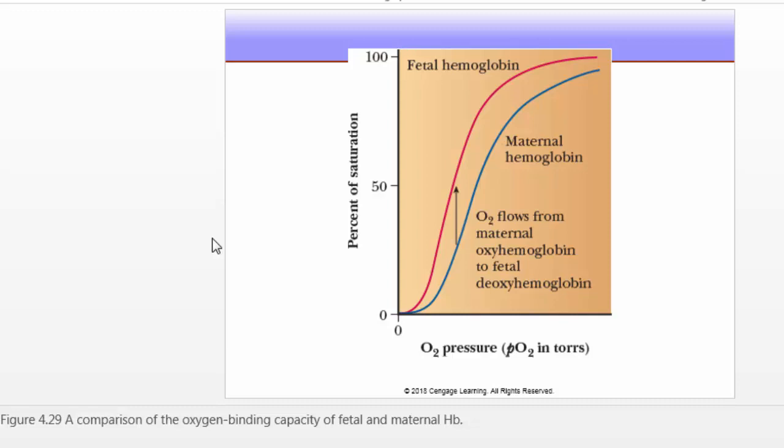So we replace the positively charged amino acid histidine with the uncharged amino acid serine. This change of a positively charged amino acid for a neutral one decreases the number of contacts between the hemoglobin and the BPG, effectively reducing the allosteric effect enough to give fetal hemoglobin a higher binding curve than adult hemoglobin.